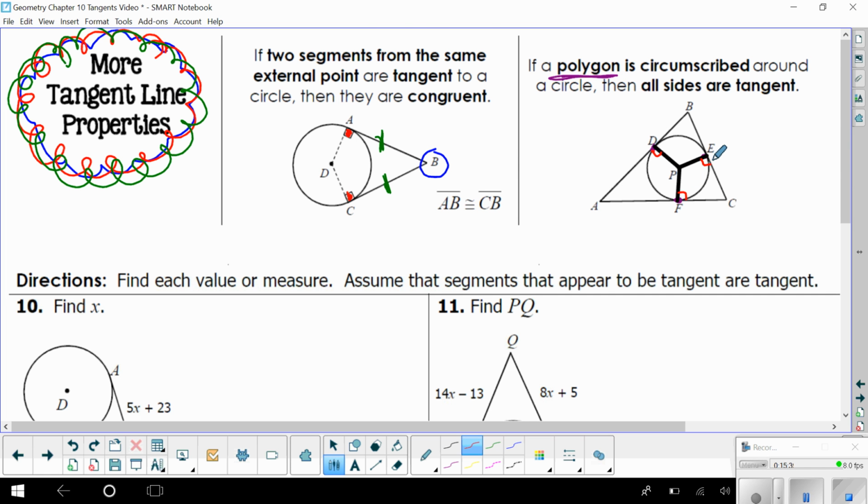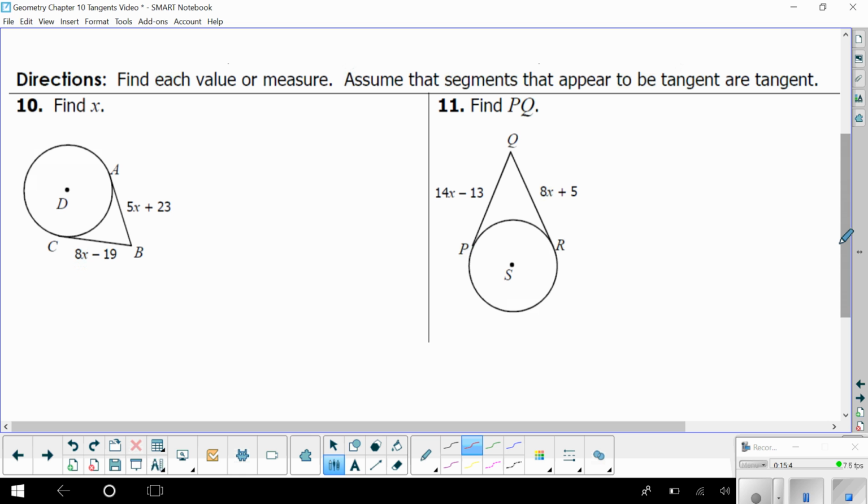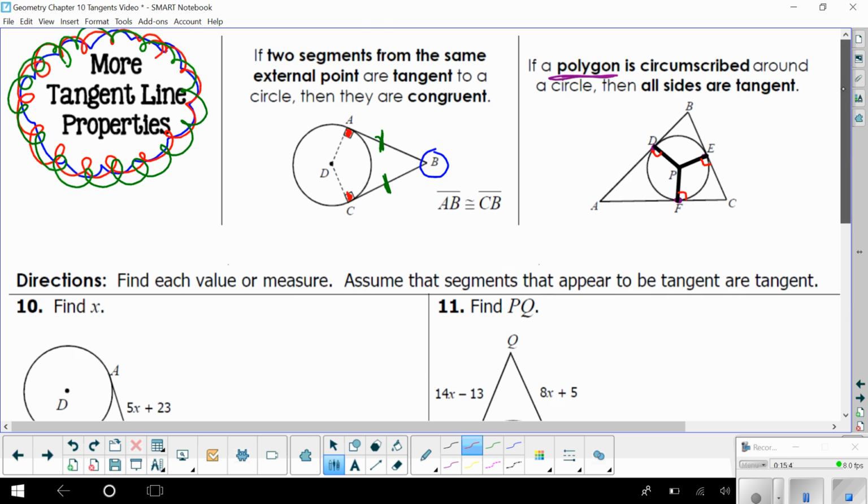Okay. So if we go down here and look, wait, sorry, let's go back up. I missed something. If a polygon is circumscribed around the circle, then all sides are tangent. What also happens here is these are congruent. These are congruent because you go back over to this.